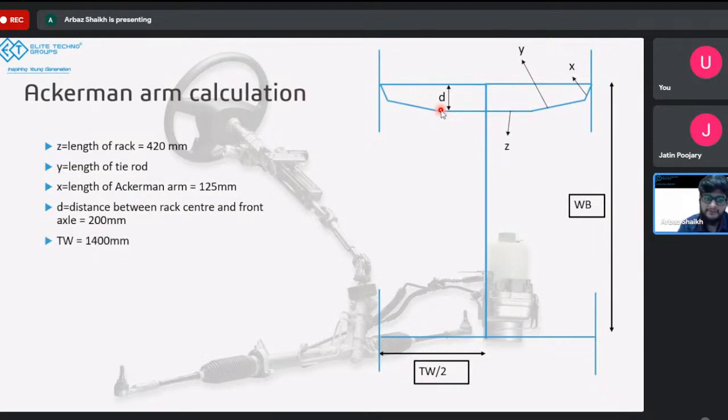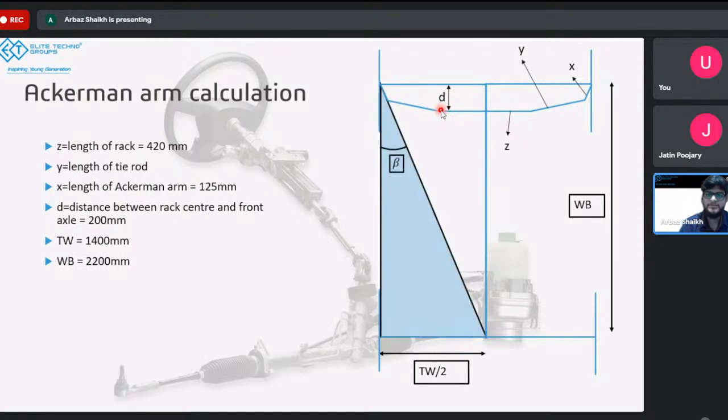Next, we know that the track width is 1400 mm and the wheelbase is 2200 mm. Now consider this blue triangle, and consider this angle to be beta. If you extend the X line, the Ackerman arm, behind, it should intersect the rear axle at the center. That's when we say that the Ackerman is 100%.